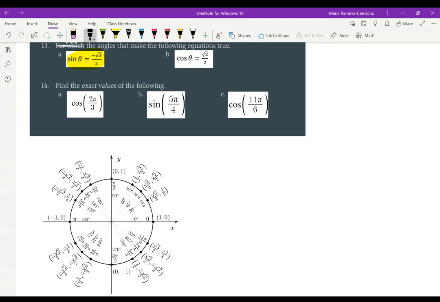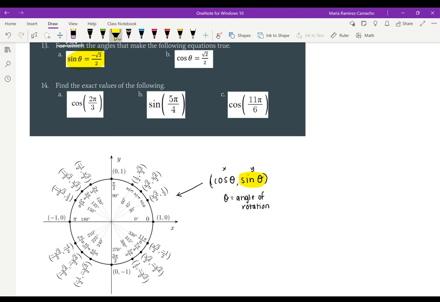Remember that all of the points here on the unit circle are just cosine theta, comma sine theta, where theta is the angle of rotation. So let's look for coordinate points where the y-coordinate is negative root 3 over 2, and then that'll give us those angles.